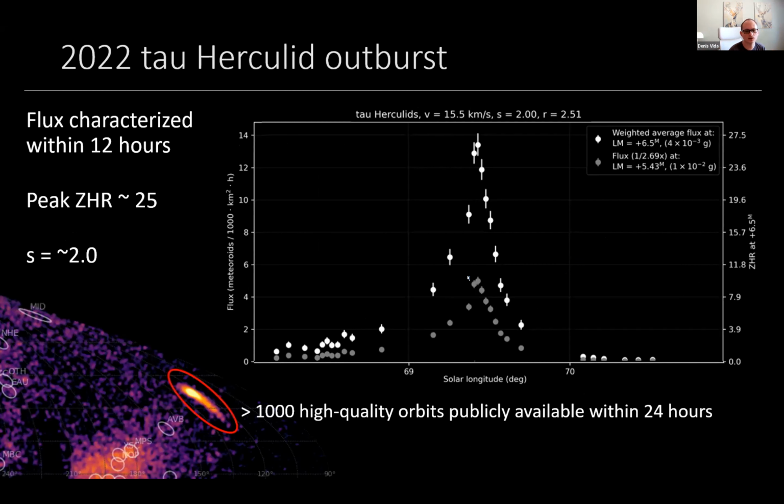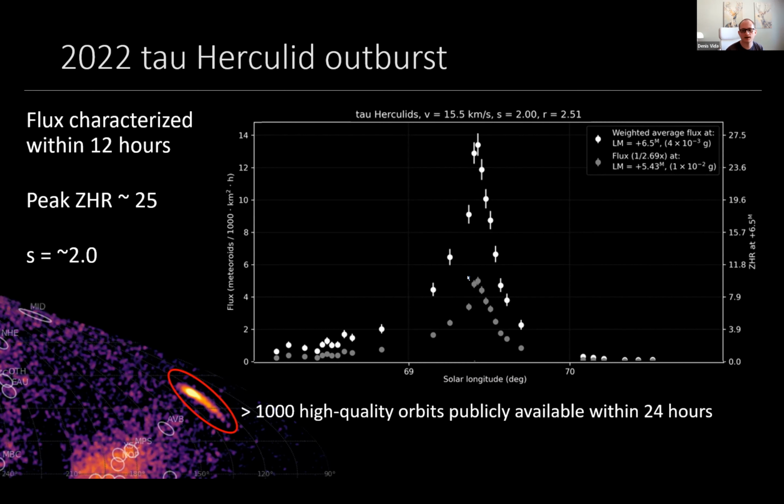And of course, everyone is talking about this conference, the Tau Herculids. Because we put the pipeline into place just before the Tau Herculids happened, we were able to get over 1,000 high quality orbits that were published automatically on our website within 12 hours of when the outburst happened.